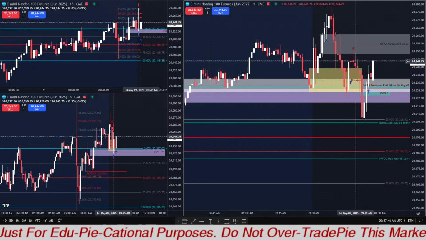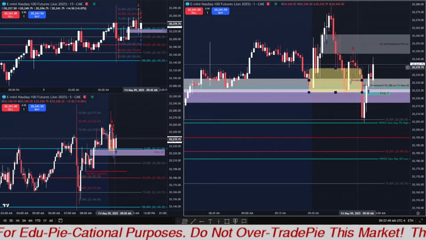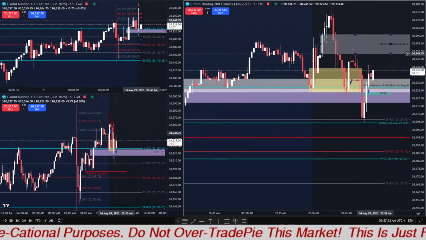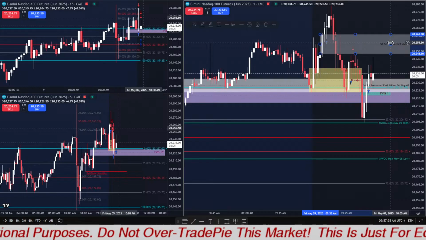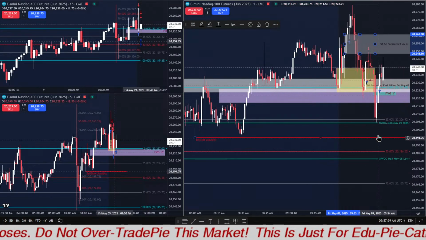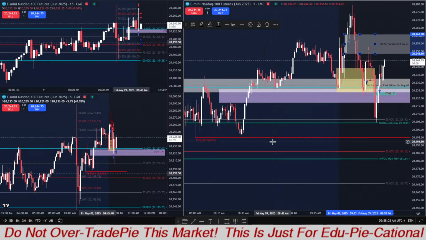Now I'm looking at these volume imbalances over here. These several volume imbalances, and ideally the first presented fair value gap can be touched once again if the sell side liquidity over here is still in play.